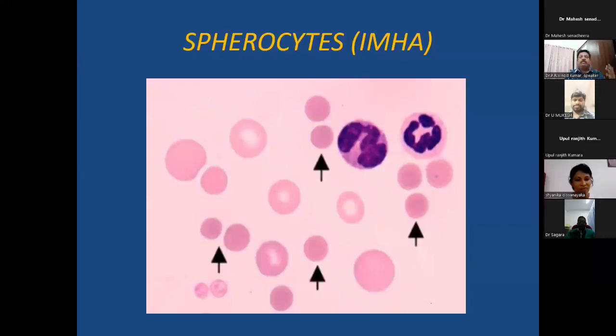Going after IMHA, that is autoimmune hemolytic anemia, with anti-nuclear antibodies, ANA, etc., is a very laborious process, and no labs are there where these tests are done. So we will be in trouble and in a puzzle. And so with these small tests we can do, we can say that it is IMHA.